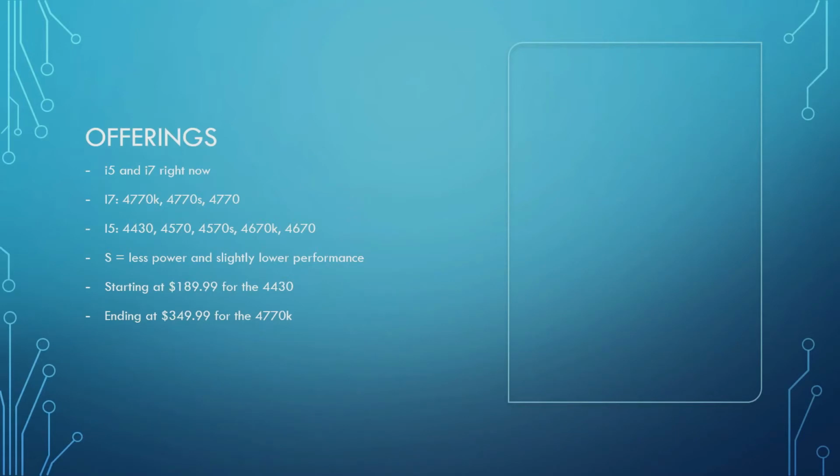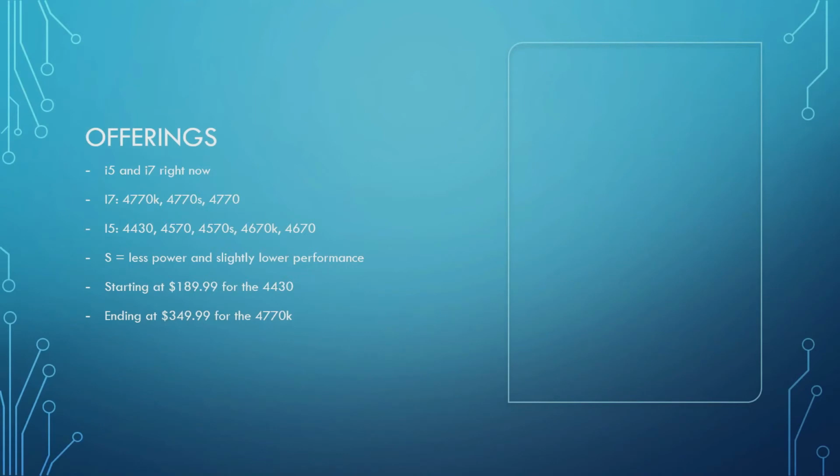The only difference between those, as I mentioned down below, is that the S signifies less power and slightly lower performance. So it does reduce the overall power that is needed, but it does slightly reduce the base clock speed. For the i5s, the 4430, the 4570, the 4570S, the 4670K, and the 4670.